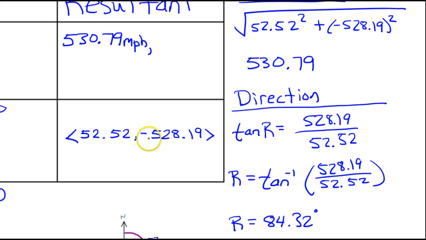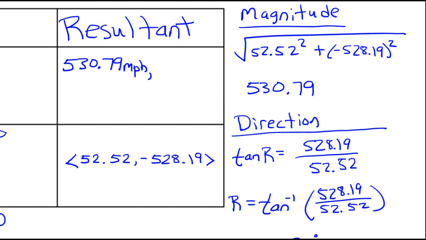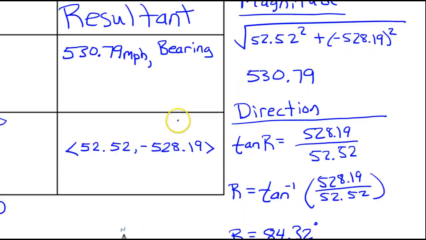So that's what I will record on my chart. I've got the magnitude, and then now I will say bearing 174.32 degrees. Go ahead and put a box around it because that is the final answer.